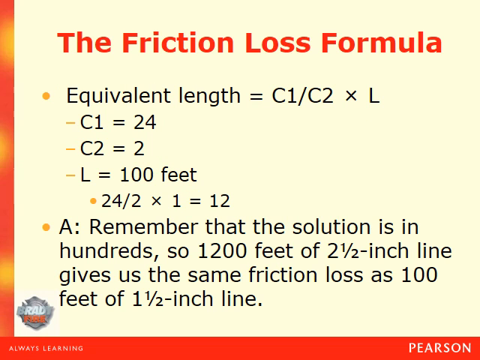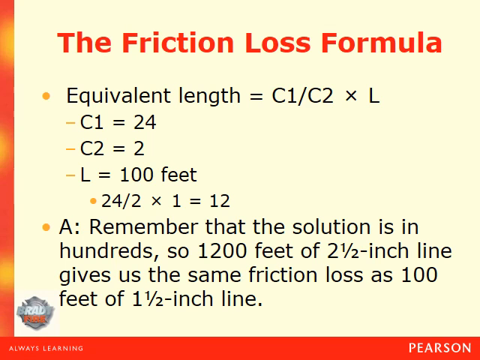So again, getting our coefficients from the chart. We have coefficient of line 1, 24, and the coefficient of line 2, the larger line, as 2. Our length of hose is 100 feet. So 100 divided by 100 will give us 1. So now we take 24 divided by 2 times 1 equals 12.